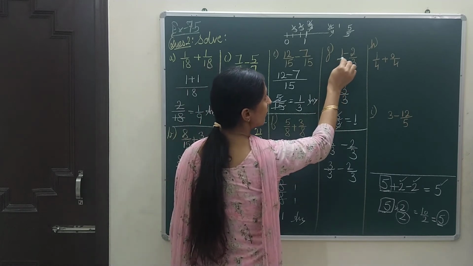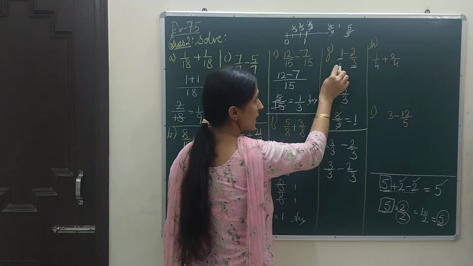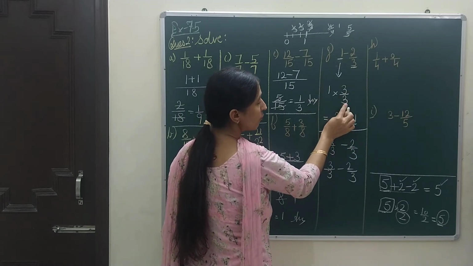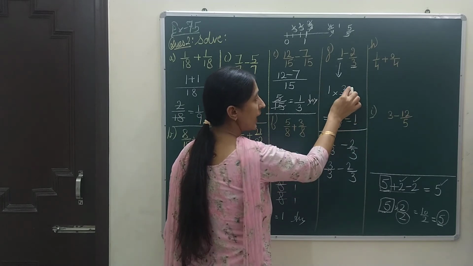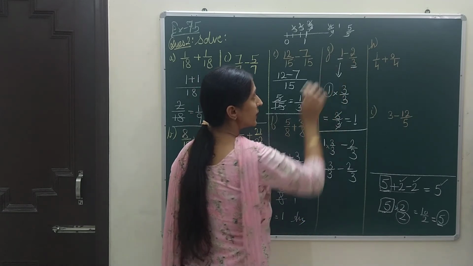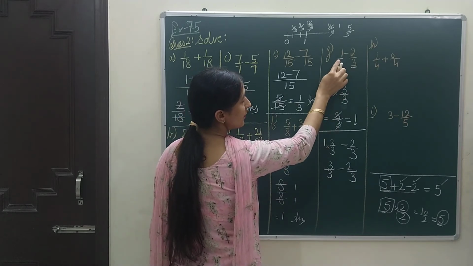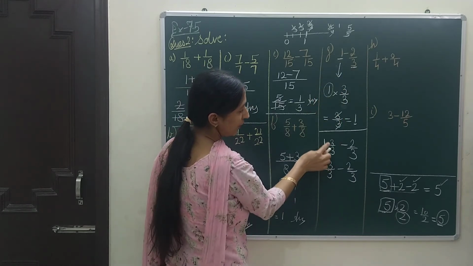In the same way, whenever you have a denominator missing, you can make the denominator the same by multiplying by the required number in the denominator as well as in the numerator, so that the value of the question doesn't change. So I have multiplied by 3 in the denominator of 1 and the numerator of 1, you can see here.